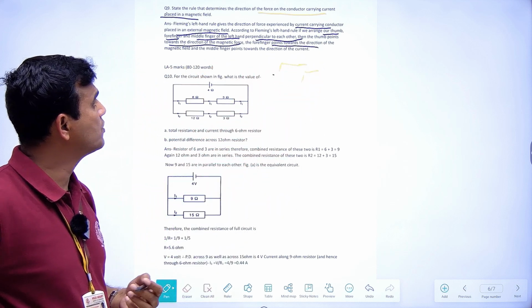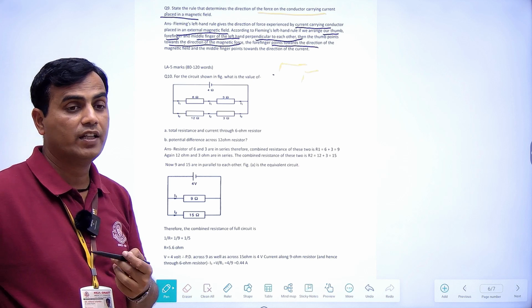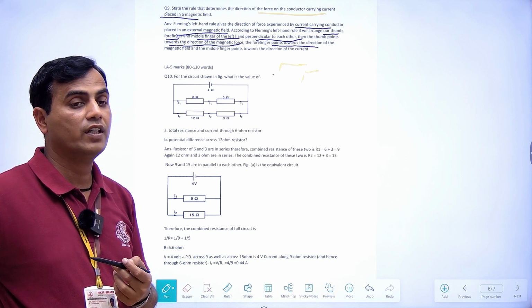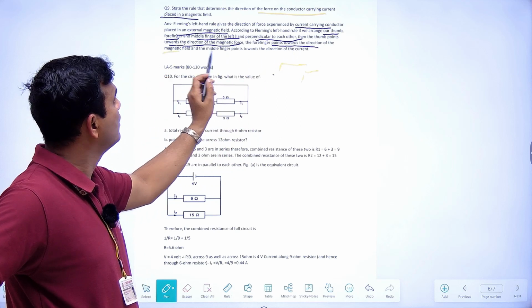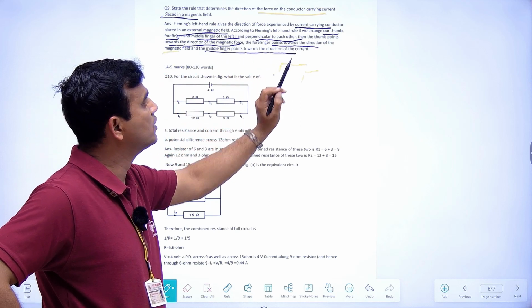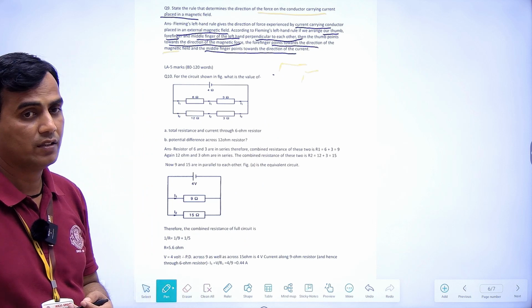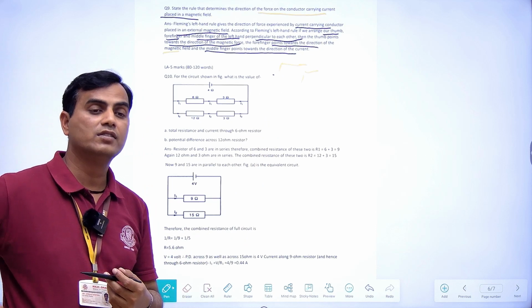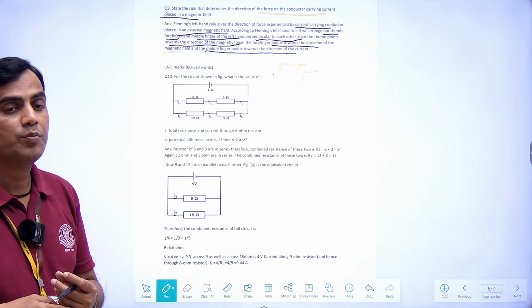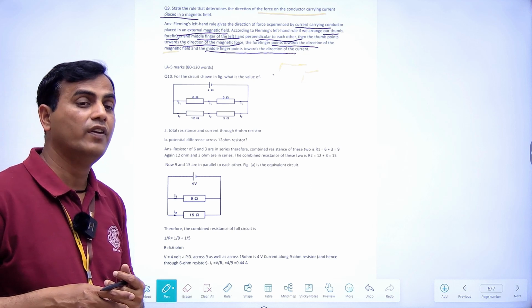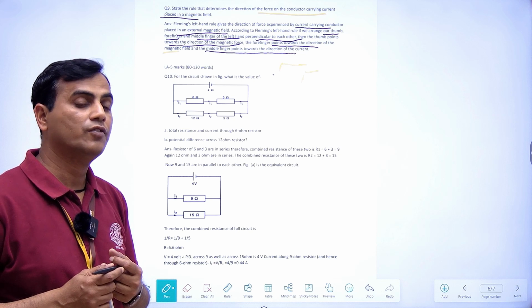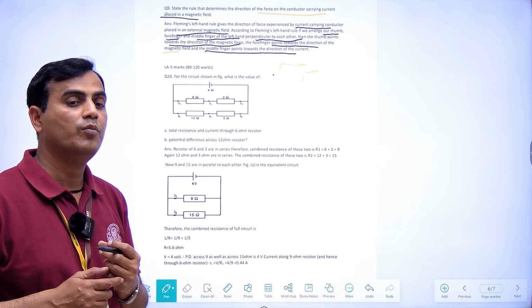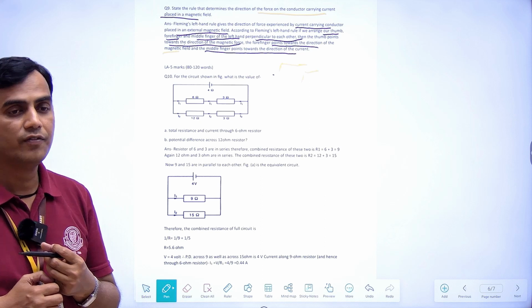Forefinger points towards the direction of the magnetic field, and the middle finger points towards the direction of the current. So this is Fleming's left hand rule, which explains how, from the magnetic field and current, the direction of the magnetic force induced by these can be found.